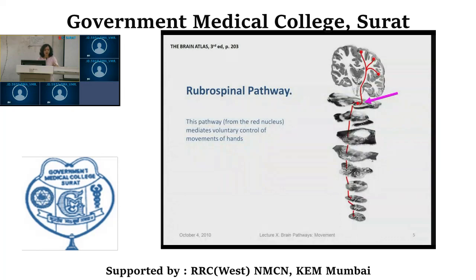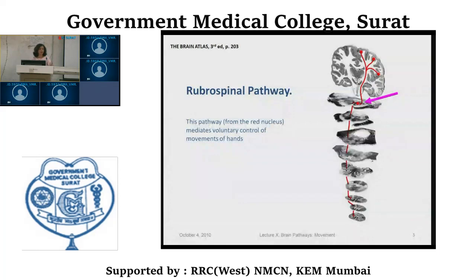Some of the fibers arising from the motor cortex get distributed to the various structures of the brainstem, like the midbrain, pons and the medulla. And some of the fibers also connect to the basal ganglia and the cerebellum.